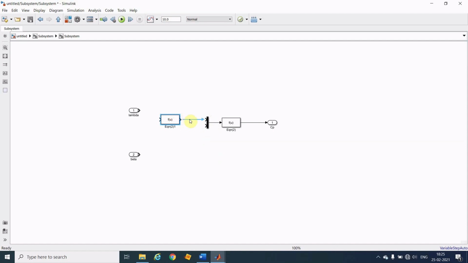So from here, this one will be u1, okay, and this one is u2, that is beta. Okay, I'm writing so that you will not get any confusion.